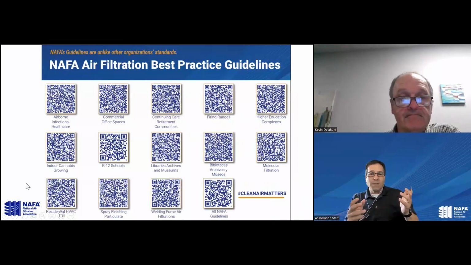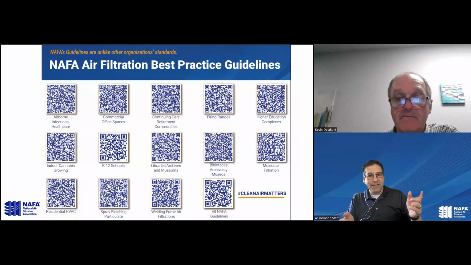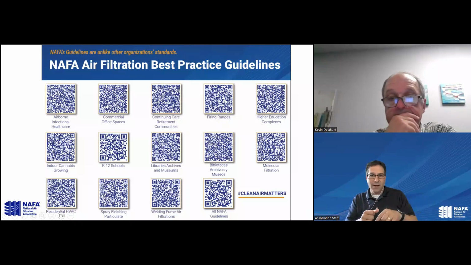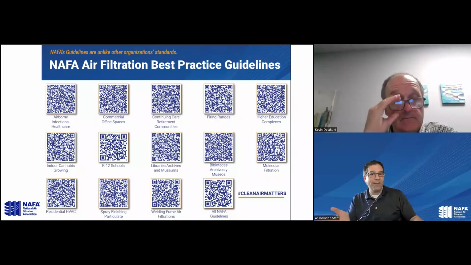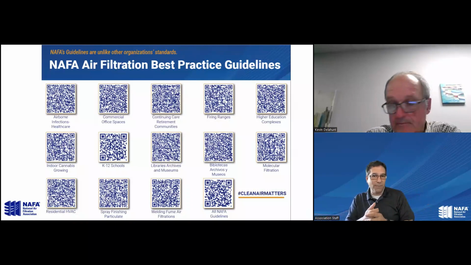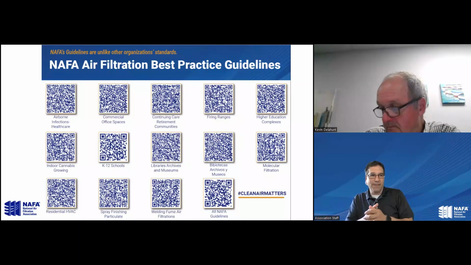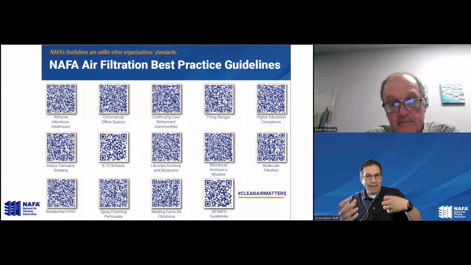Speaking of best practice guidelines, this is the flyer that we'll bring to Filt Expo. We'll be at Filt Expo in Chicago on Navy Pier in October. And then again at AHR, you'll find this at our booth and with several of our members. These are the best practice guidelines. They are application-based guidelines built on ASHRAE standards.